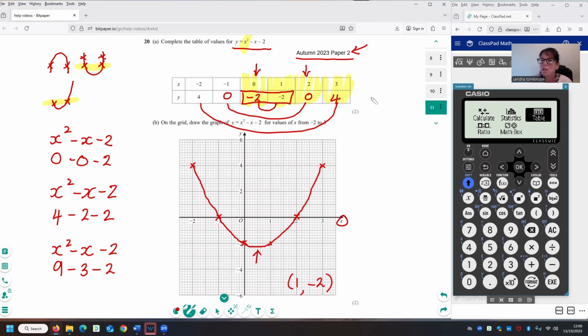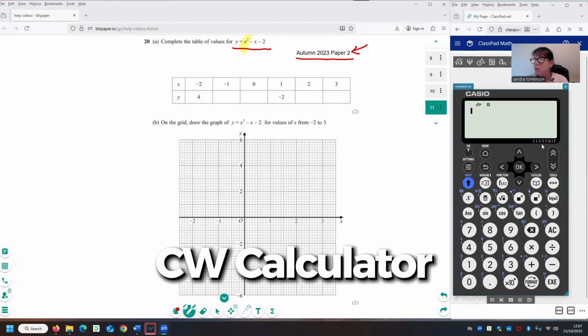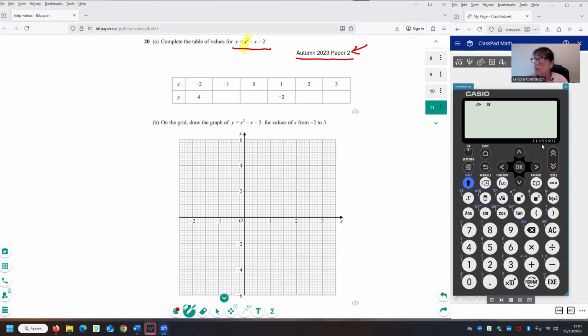Now I'm going to look at how to solve it with the calculator. Okay, now if you're using the CW calculator, that's what I'm going to show you here. If not, we have other videos on how to do it on the other calculators. So we need to go to Home first, and we're going to scroll across to Table. I press OK. Now here we have our line for our x values here.